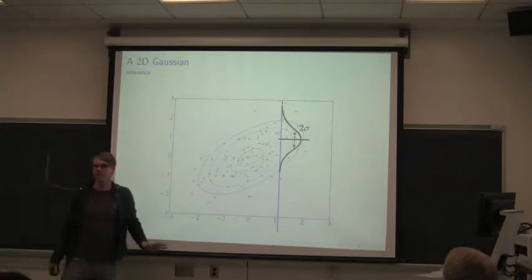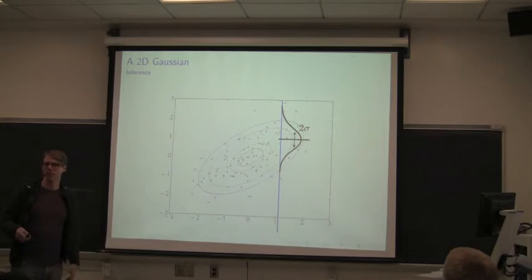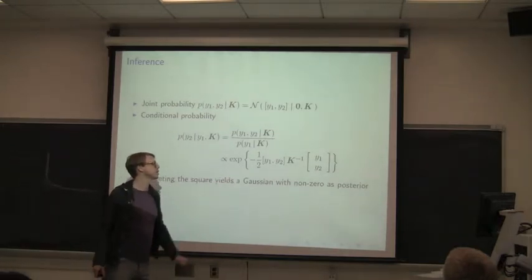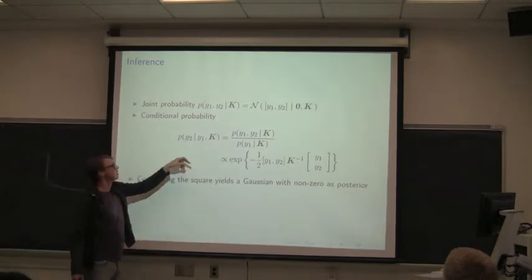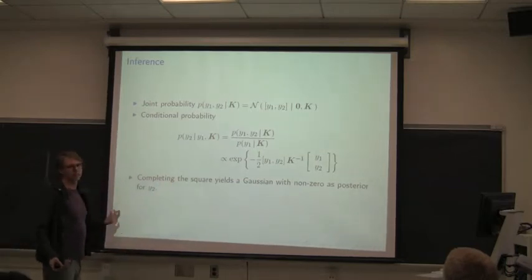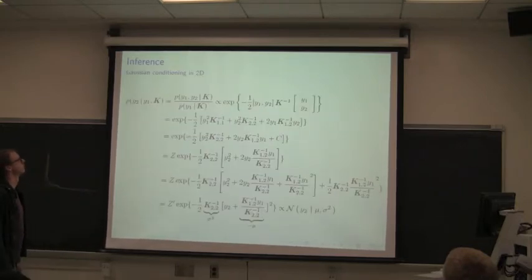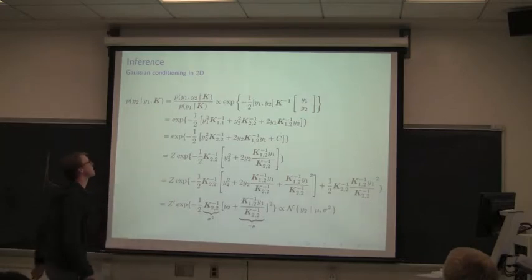Just for simplicity, we'll only care about zero mean Gaussians in the following, because it takes away a lot of writing. You can add in the means if you want. So by completing the squares, we'll get a new Gaussian distribution in y2, which will have a mean that depends on y1. And, well, this is just doing it. I probably should have had some stops in the slide.